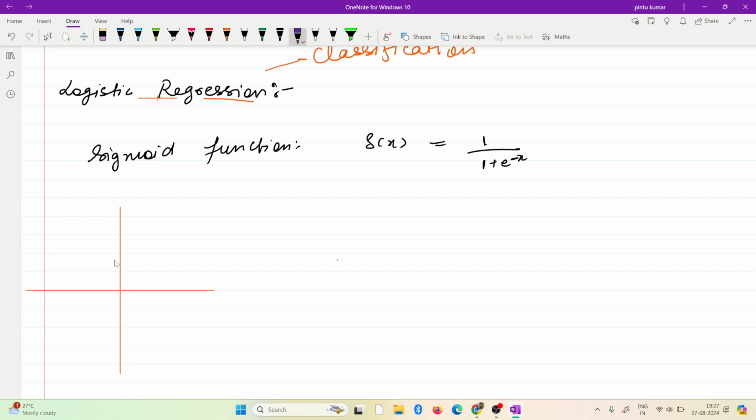Second thing is, in classification, let's see what we did in regression. Let's say you had some points, something like this. You tried to fit a line that minimizes the errors. This is what you did in regression, right? Now, in classification, you have two kinds of data points.